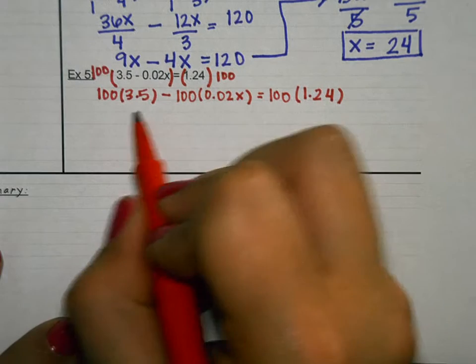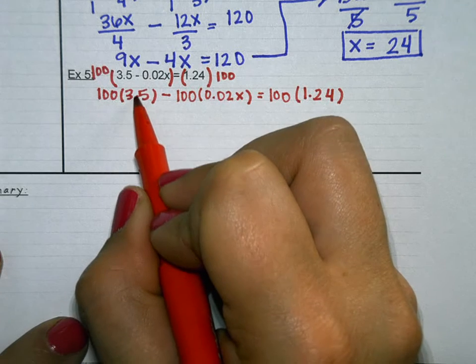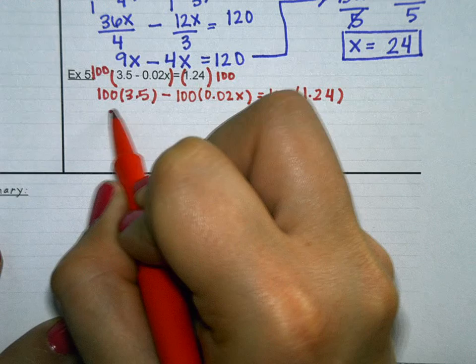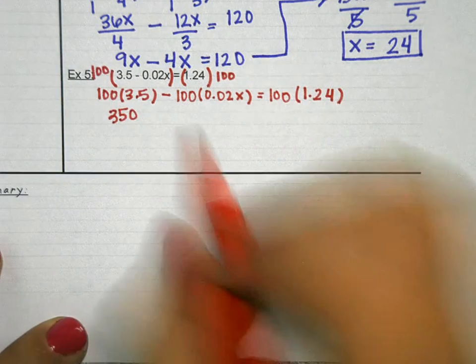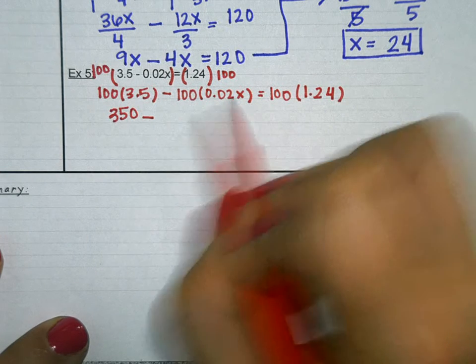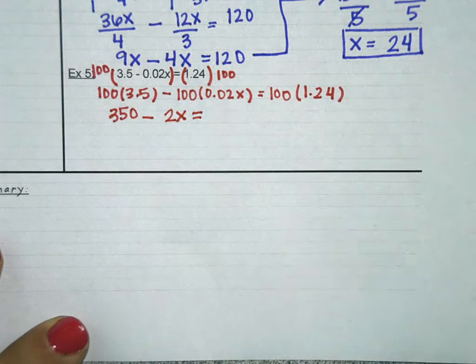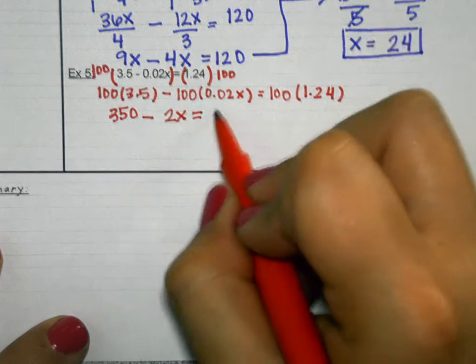Multiplying by 100 moves my decimal over that many spaces. So the decimal moves over 2 spaces here. So 100 times 3.5 gives me 350 minus, the decimal moves over 2 spaces here, so that's just going to give me 2x equals, moving the decimal 2 here is 124.